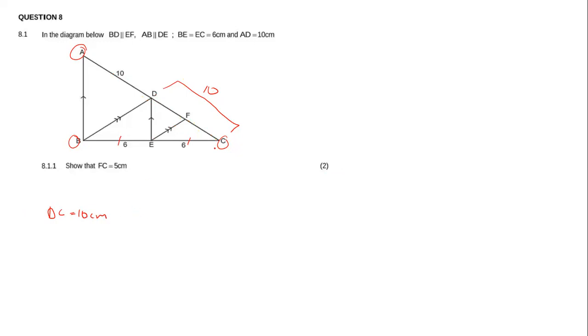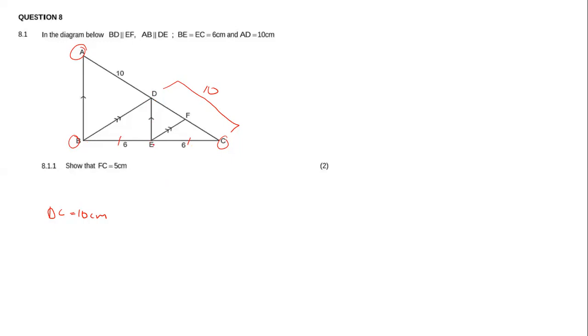Why do we say DC is equal to 10 centimeters? Because we can simply see that this line cuts at the midpoint. BC, point E, it is the midpoint of BC, because we can see that DE bisects BC into 6 and 6.